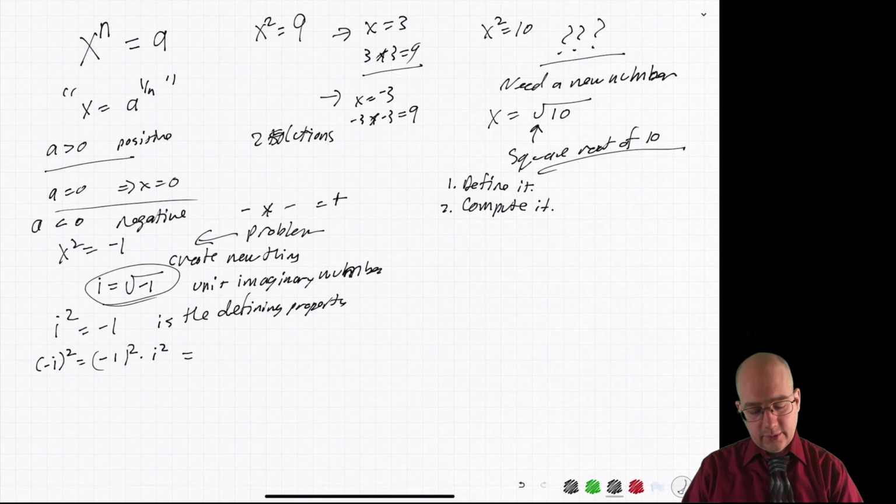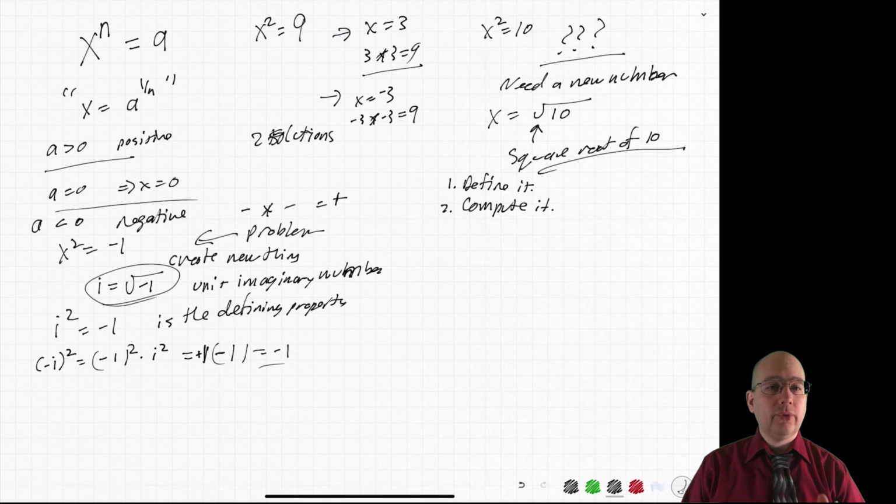Powers distribute across multiplication like that. And so you get plus 1 here, and you get minus 1. So that's minus 1. So minus i is also a square root of minus 1, so we could have chosen either one. In some sense, we don't really know what we chose, right? It's just something new, and the negative of it also works. Whatever we chose, the negative would always work, right? So anyway, just go with i.